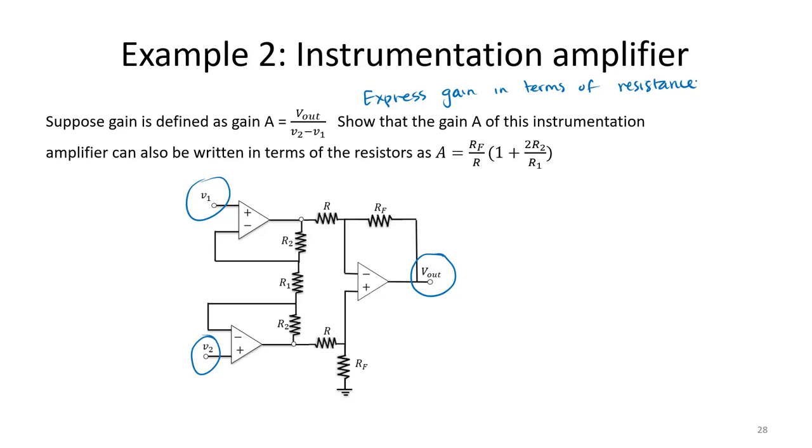So in this question, we are asked to show that the gain of this instrumentation amplifier can also be written in terms of the resistors as the expression shown. Let's take a look and see how we can perform this calculation and find that gain in terms of the resistors.